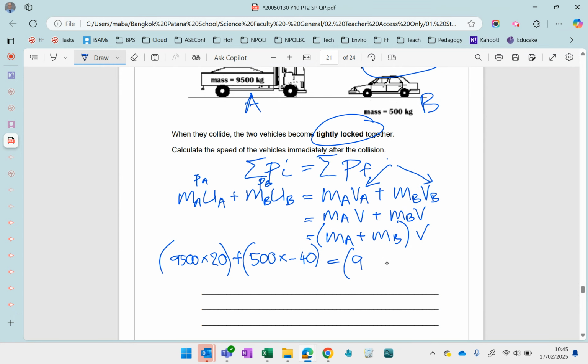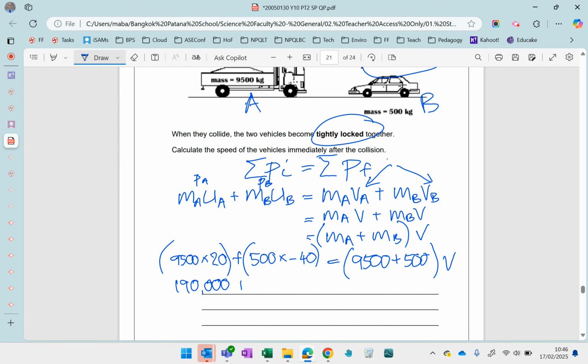The right-hand side of the equation is going to be 9,500 plus 500 times V. So if we work out the left-hand side first, sorry, I've just got to grab a calculator here. Okay, we've got 9,500 times 20. This is 190,000.